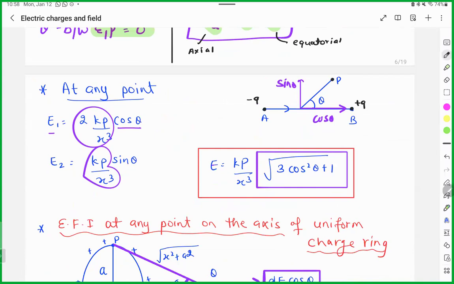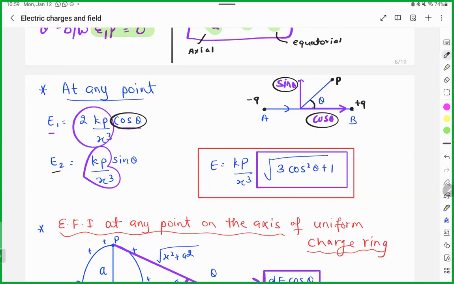At any point P, it lies between axial and equatorial, and let's think it has angle theta with the dipole. The direction of the dipole moment will be the same, negative to positive. You know this axial line looks like cos and the equatorial line looks like sine. Correct? E1 is like axial, and in axial you have cos.